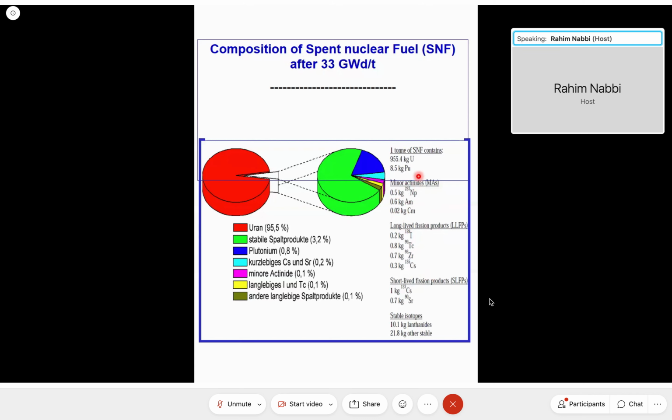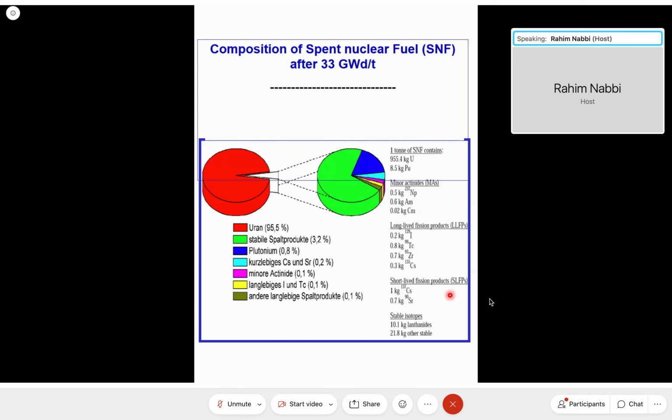Anyhow, in the range of 200 years or 300 years. And finally, we have short-lived fission products. In this case, cesium again, and strontium, and the amount is 1 kilogram compared to the total mass of the spent nuclear fuel.